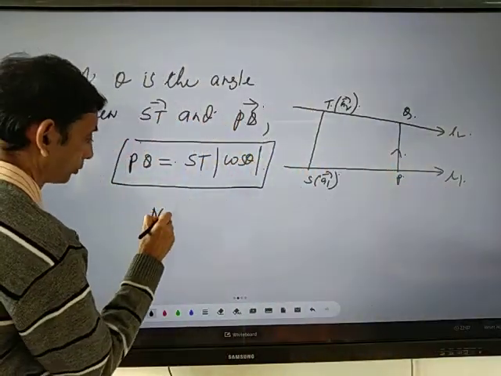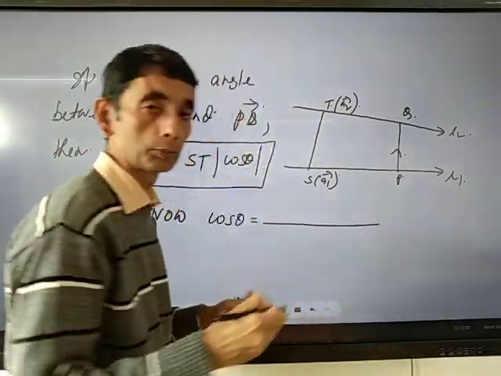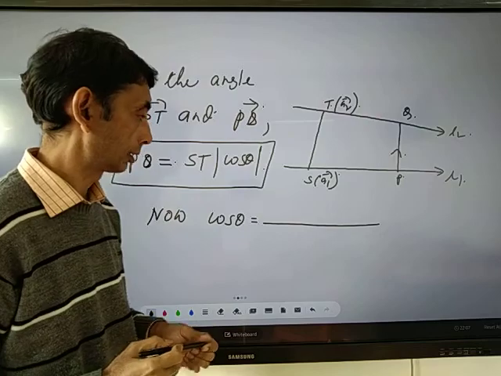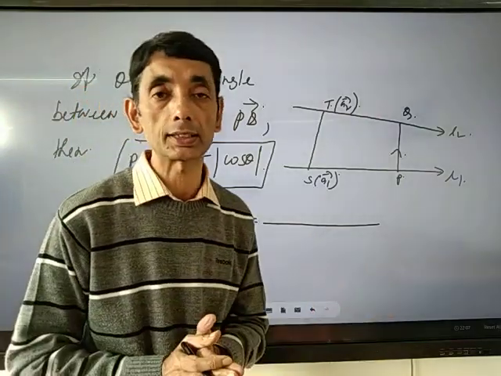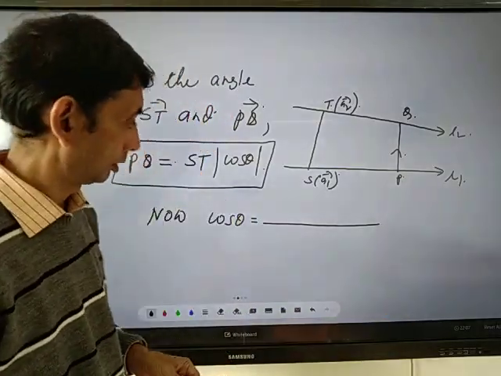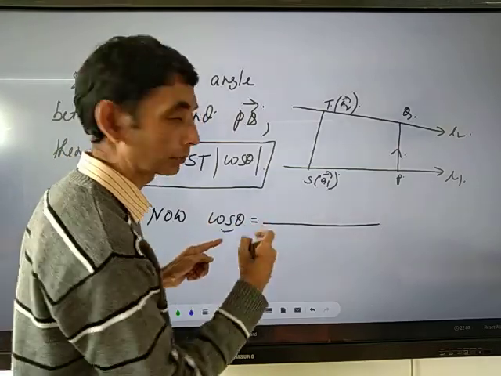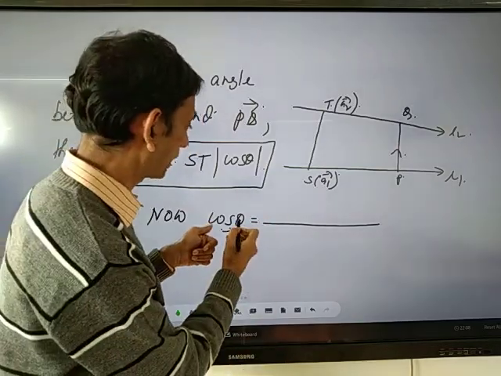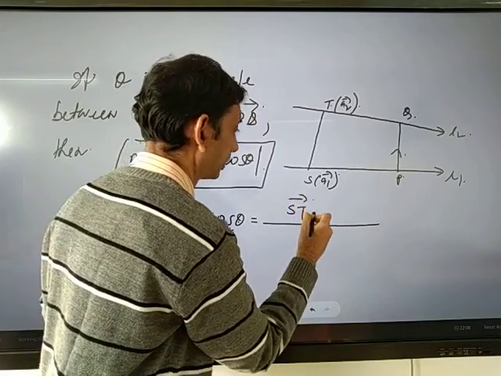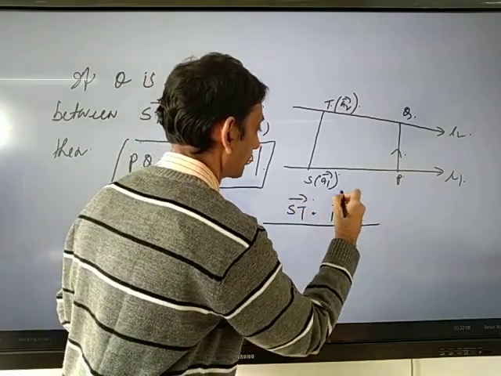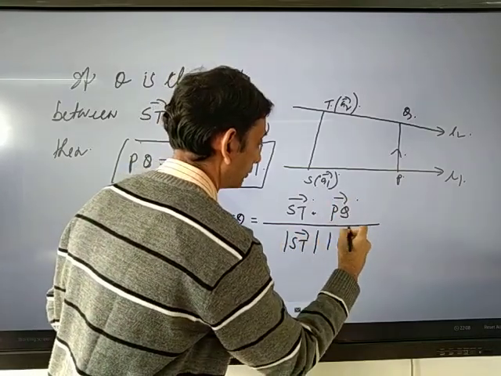We can find cos theta with the help of the dot product. Theta is the angle between the two vectors A and B, and we can find cos theta by A dot B by mod A into mod B. We use the same formula here: cos theta, where theta is the angle between ST and PQ, will be ST dot PQ by mod ST mod PQ.